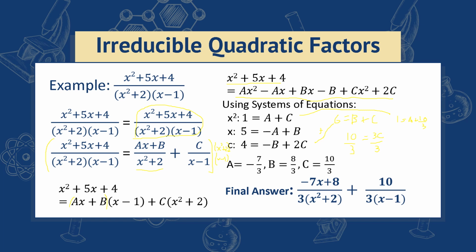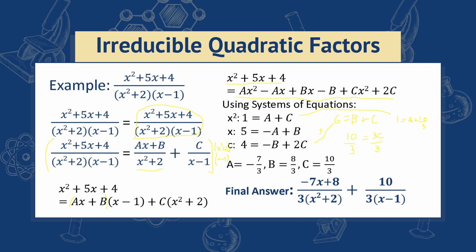After we do that, the answer would become a is equal to negative 7 over 3, and we will repeat the process for letter b, which we would get b is equal to 8 divided by 3. And now, don't forget to input a, b, and c to the partial fractions, so that our final answer would be negative 7x plus 8 divided by 3 times the quantity of x squared plus 2 plus 10 divided by 3 times the quantity of x minus 1.